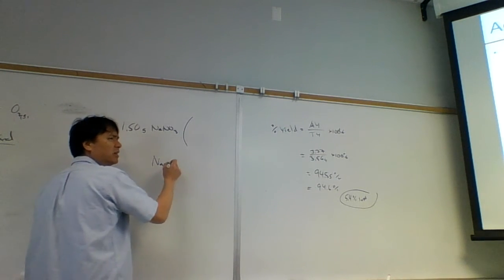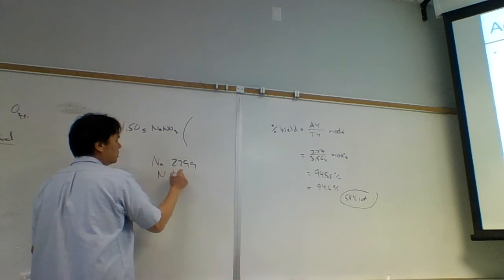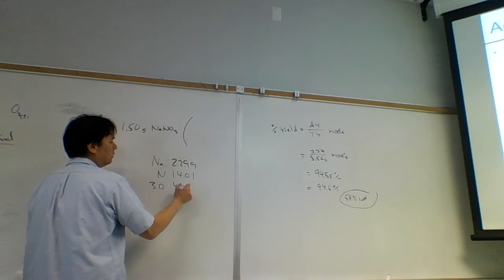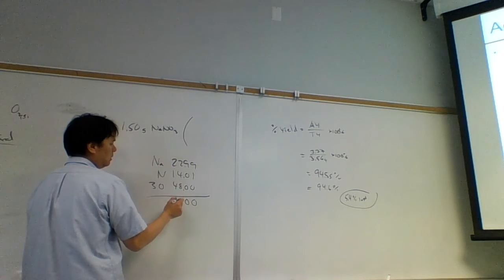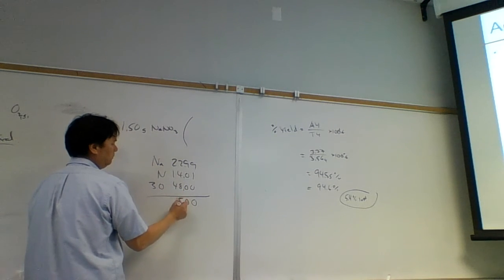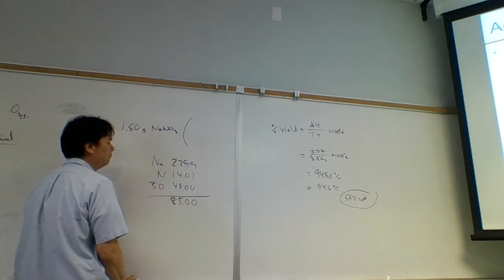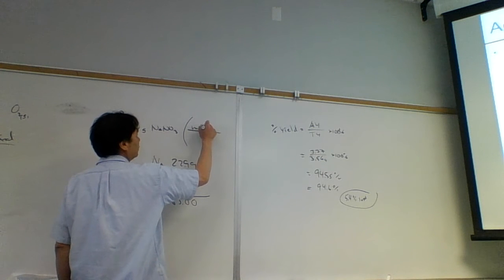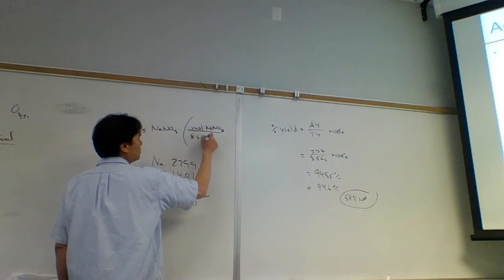Sodium is 22.99. Nitrogen is 14.01. 3 oxygens would be 48.00. It's 85.00. And so a mole of sodium nitrate formula units weighs 85.00 grams.